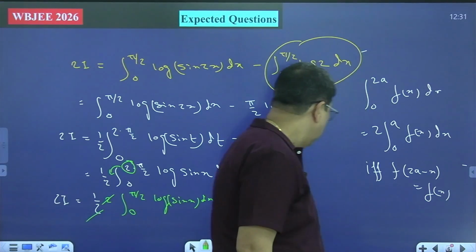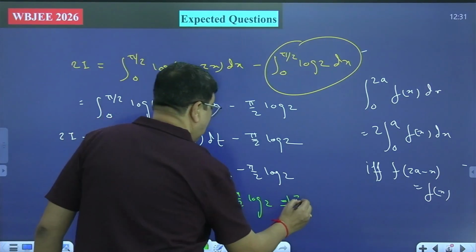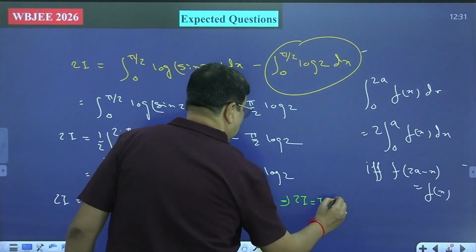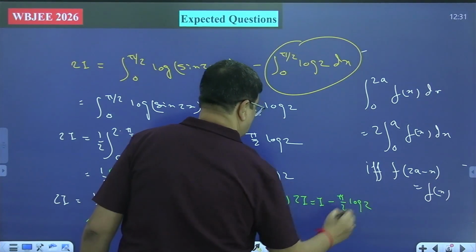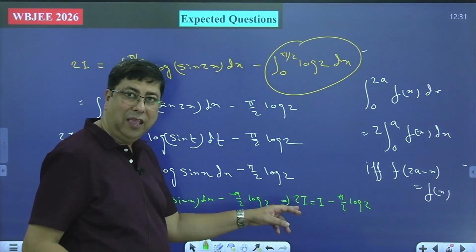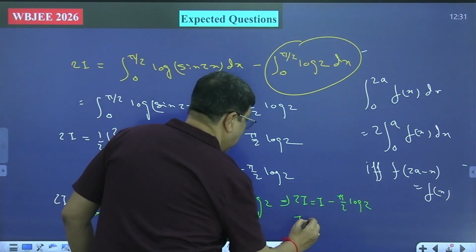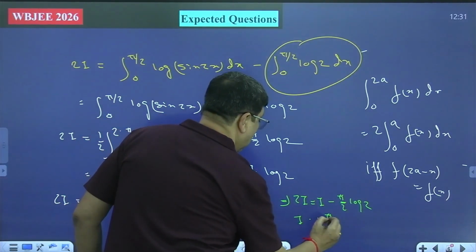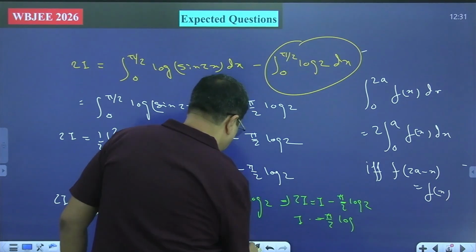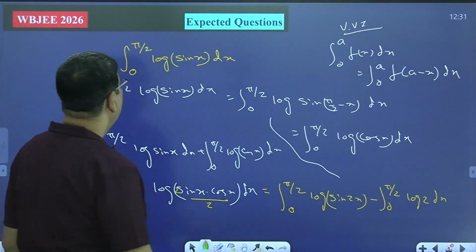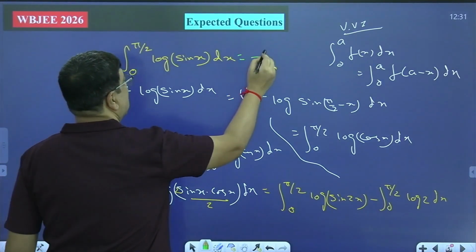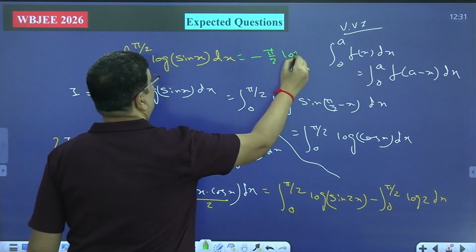Therefore, we can say here 2I equal to I minus pi by 2 log 2. So 2I minus I equal to minus pi by 2 log 2. Therefore, the integral from 0 to pi by 2 of log of sin x is minus pi by 2 log 2.